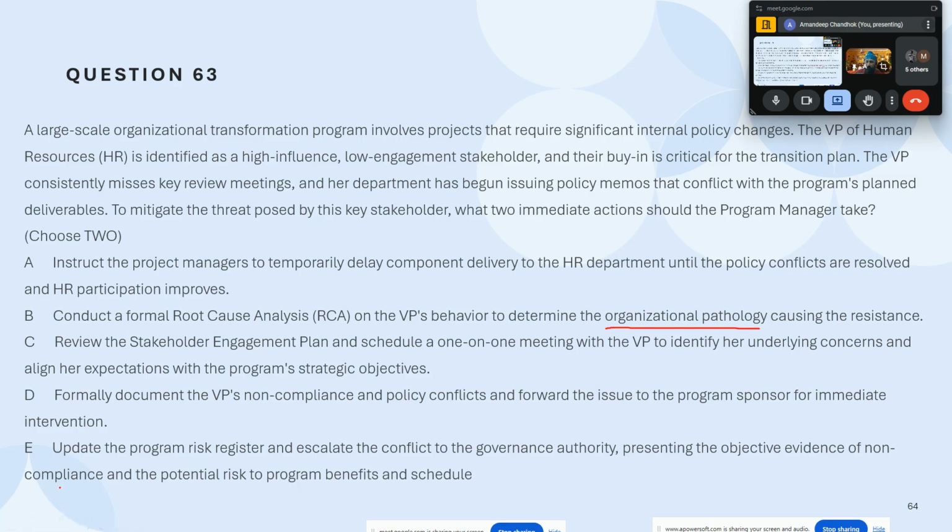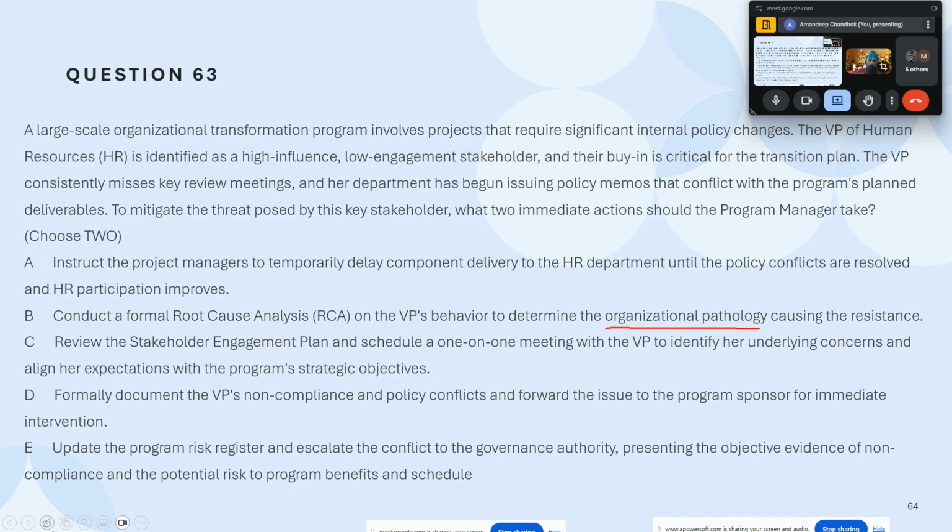Basically, when we talk about a risk register, typically it consists of the issue, the cause, the chronology, etc. So when we do a root cause analysis, typically it gives you further material to put into the risk register. Otherwise, it will become a very generic risk.